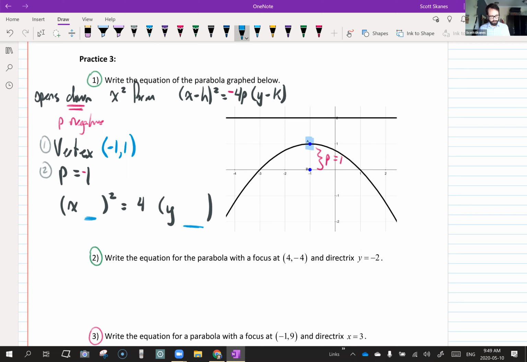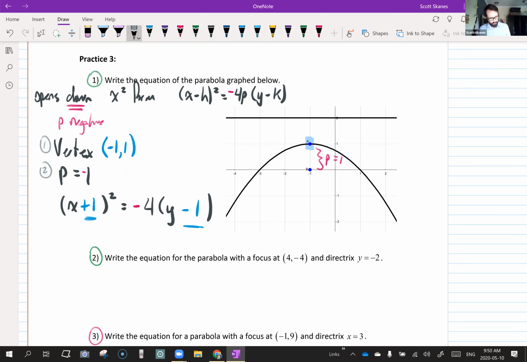So I already have the vertex. I just changed the signs back. It's +1, -1. That's from this. Again, just changing the signs. And then our p-value is -1. So if I put in a -1 here, that's the same as -4 overall. So we have -4. And that's our final answer.